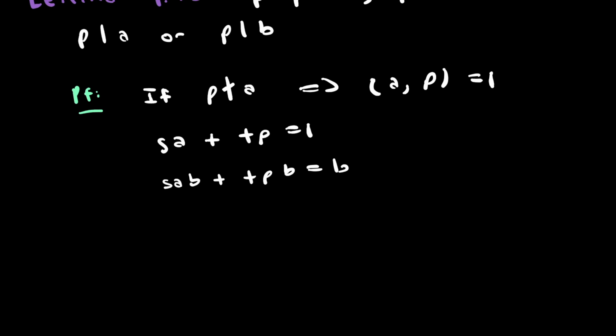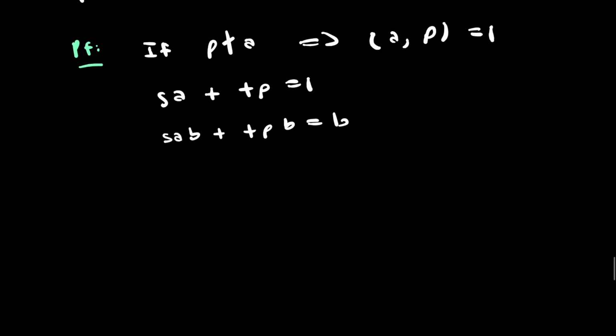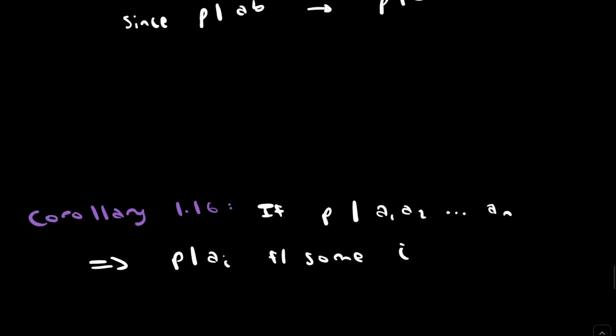And since P divides AB, it divides the left side, hence the right side as well. So by this statement, we arrive at P divides B. And if you apply this repeatedly to a product of many terms, you can get corollary 1.16, which is if P divides a product of several integers, it must divide at least one of them.